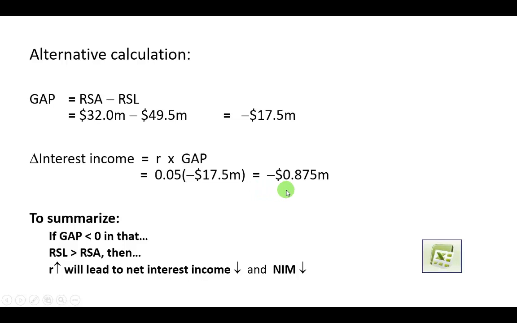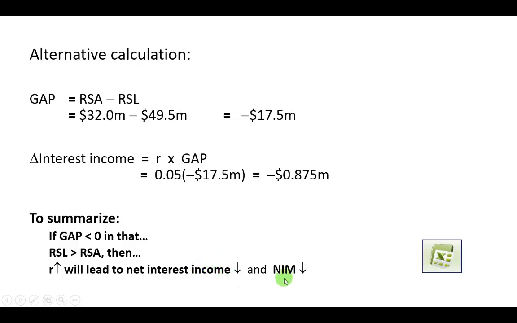And so that gives us the amount. To summarize, if gap is negative, in that rate sensitive liabilities are greater than rate sensitive assets, then as you can see, if interest rates go up, this will lead to a reduction in net interest income and of course also net interest margin.